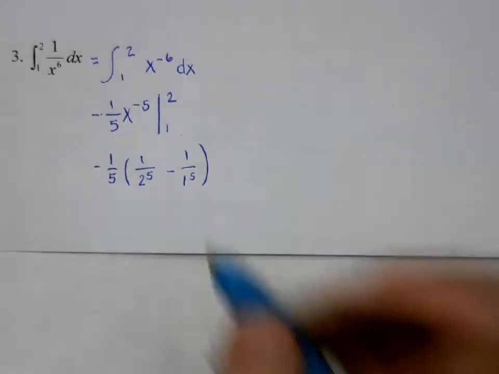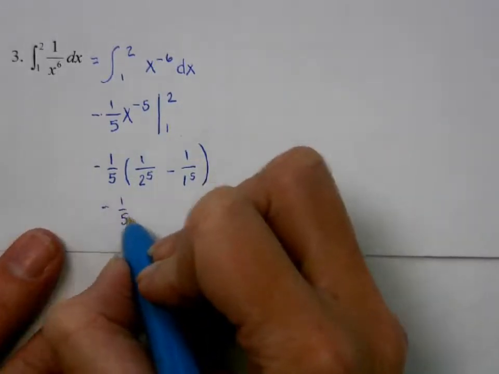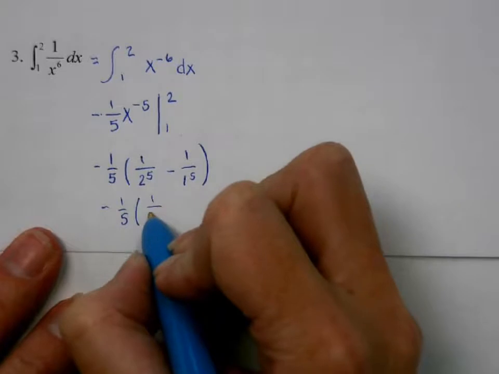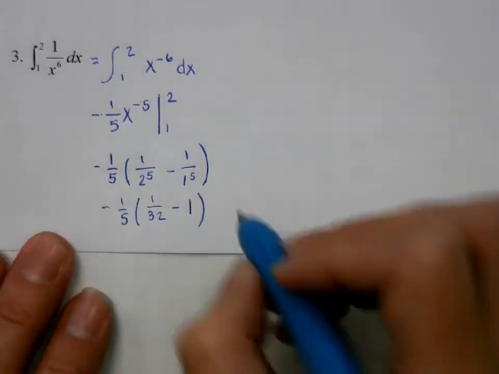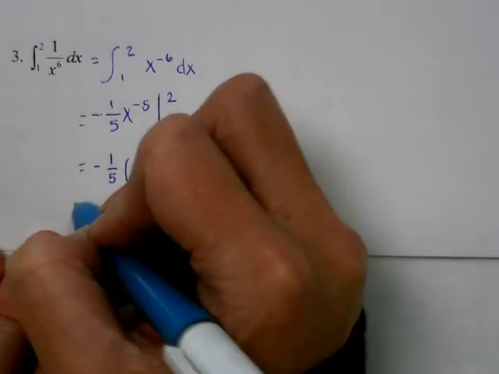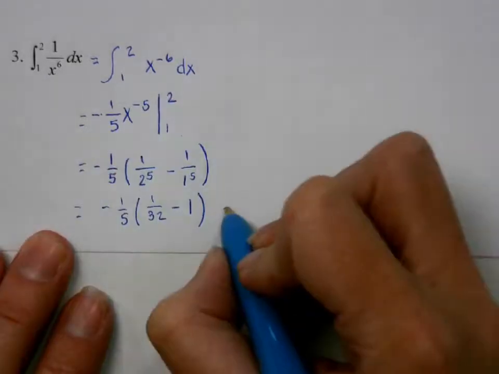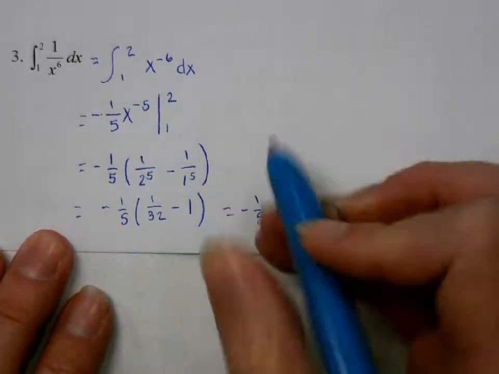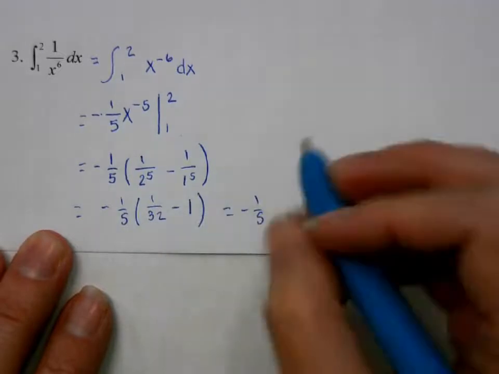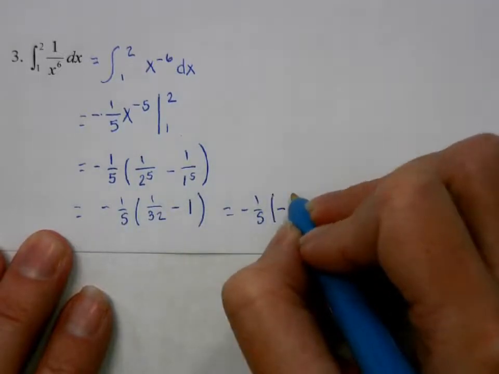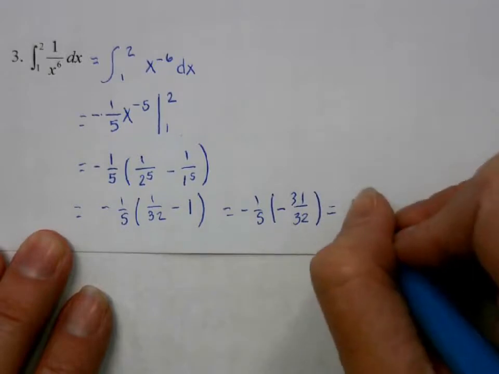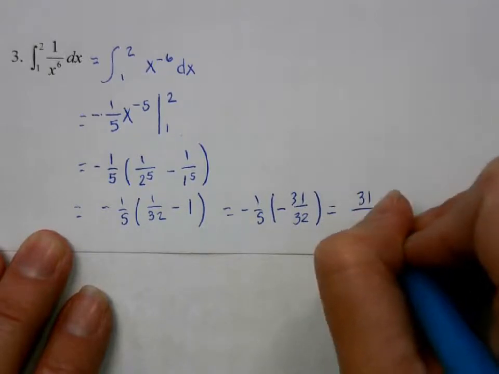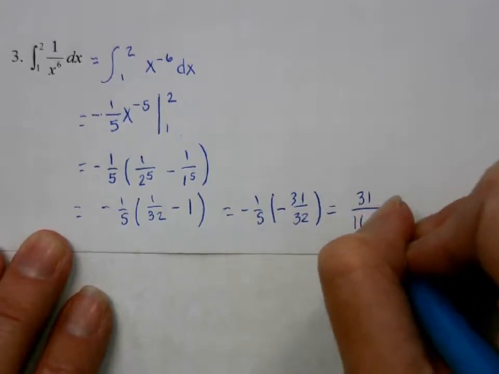So this will be negative 1/5 times 1 over 32 minus 1. Okay, so this then would be negative 1/5 times 1 minus 32 over 32, which is negative 31 over 32, which will end up being a positive 31 over 160.